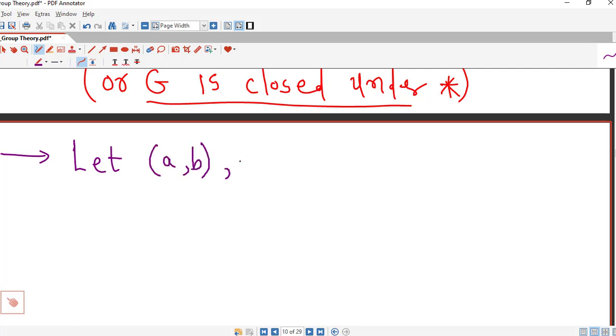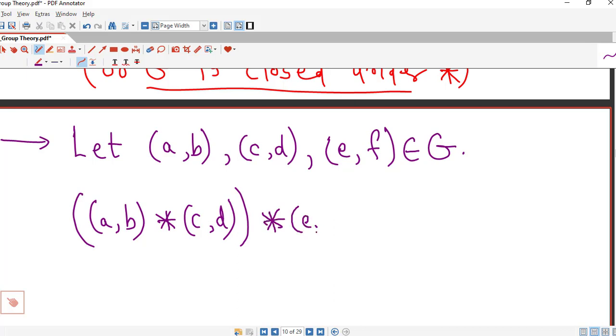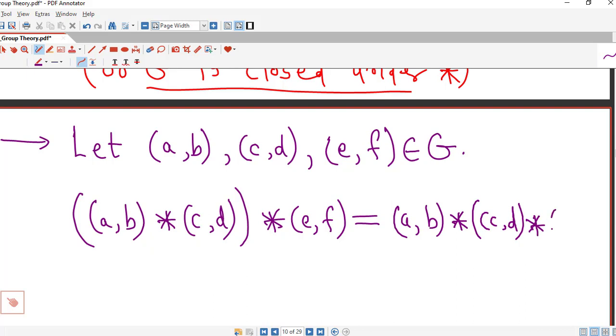Suppose (a, b), (c, d), (e, f) are any three elements in G. Then we have to show that ((a, b) * (c, d)) * (e, f) and (a, b) * ((c, d) * (e, f)), where we combine (c, d) and (e, f) first, must be the same. So this we have to prove.